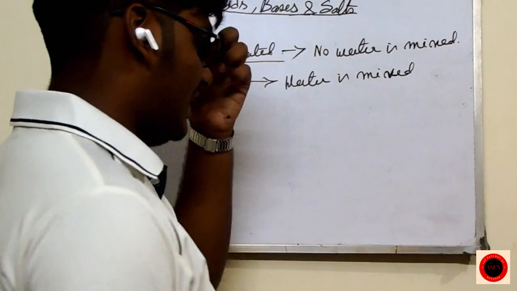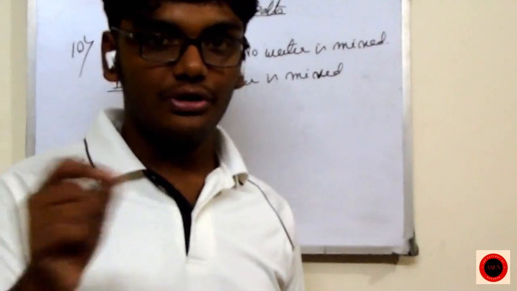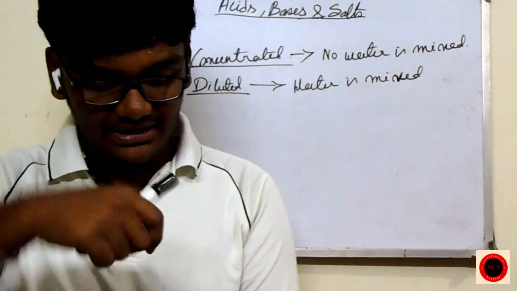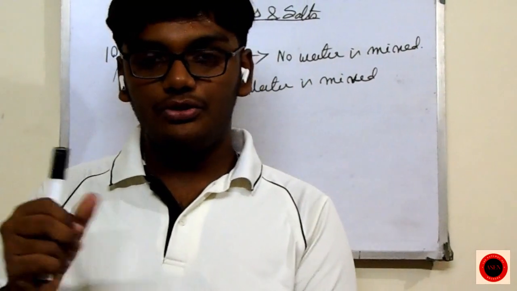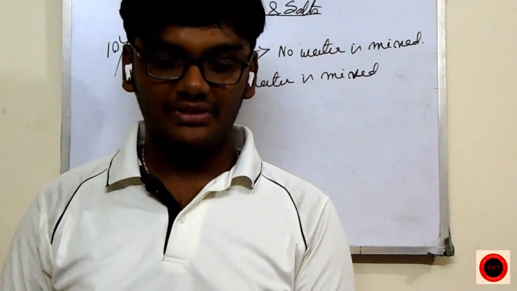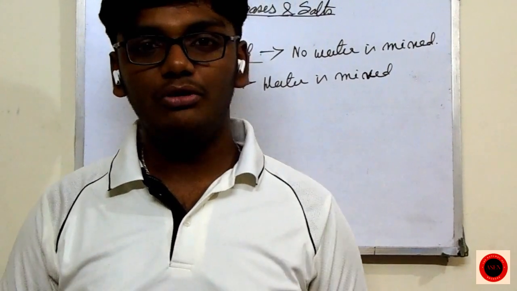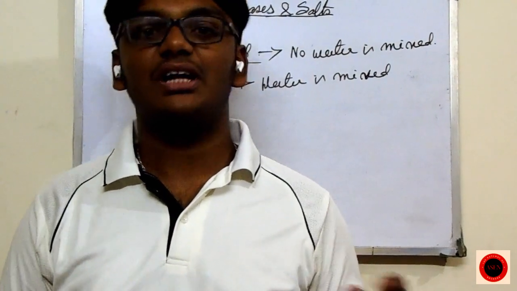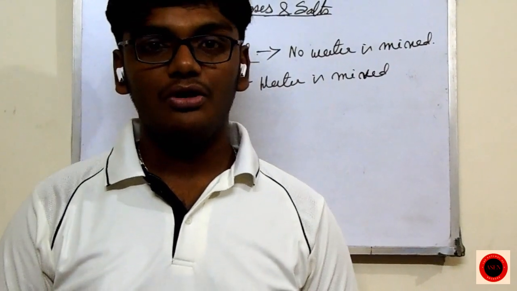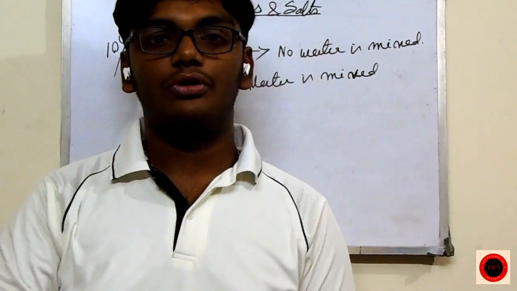We do not add water to the acid. Suppose in a beaker acid is there. We do not add water in the acid solution. That can explode, because H plus ions will increase in a high amount and heat will be generated, and an explosion can be caused. What we have to do is add acid into water.